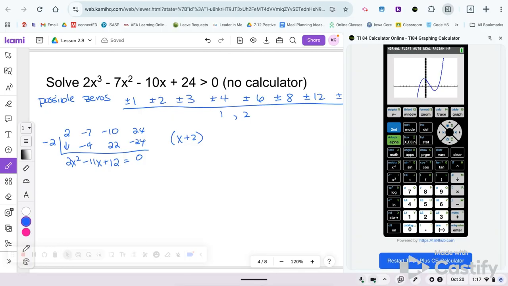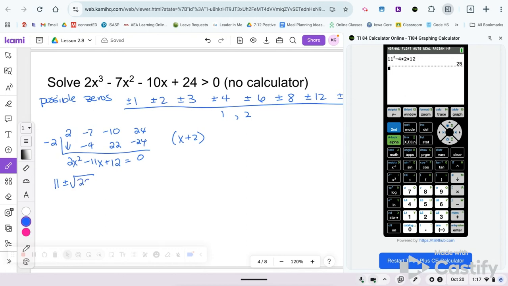I'm going to quadratic formula this real quick. 11 plus or minus the square root of 11 squared minus 4 times a times c, 25, all over 2 times 2, which is 4. 11 plus 5 divided by 4 would be 4.